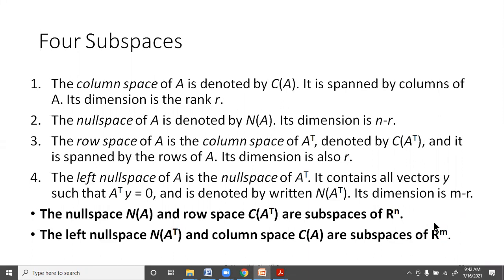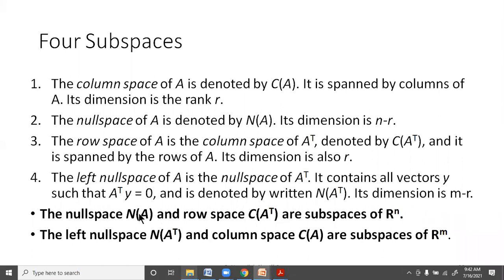That just means that if you have, say, a 4×3 matrix, with M equal to 4 and N equal to 3, then the null space and the row space are subspaces of R to the power 3, and the left null space and column space are subspaces of R to the power 4.